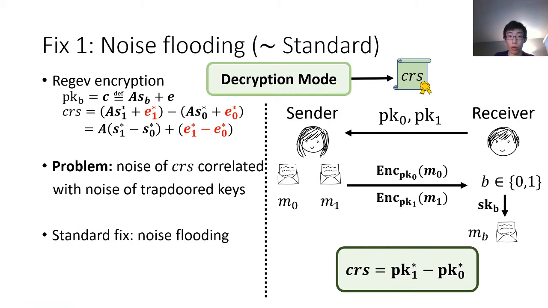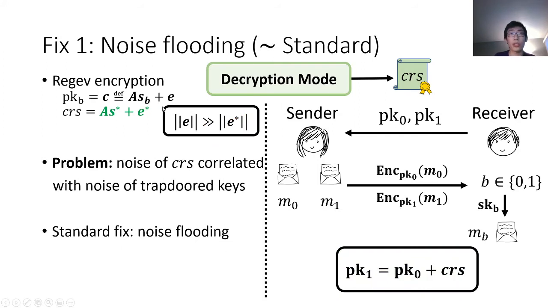So how do we fix that? Those were the two issues that we're trying to solve. Essentially, the main problem is that there's some correlation between the noise in the CRS and the noise in the keys produced by the simulator. And there's a pretty standard fix using lattice techniques that drowns those correlations, something called noise flooding.